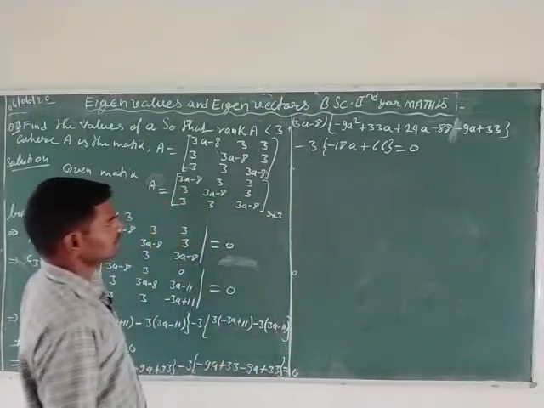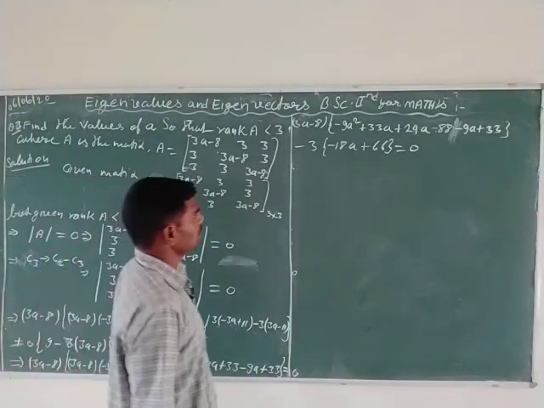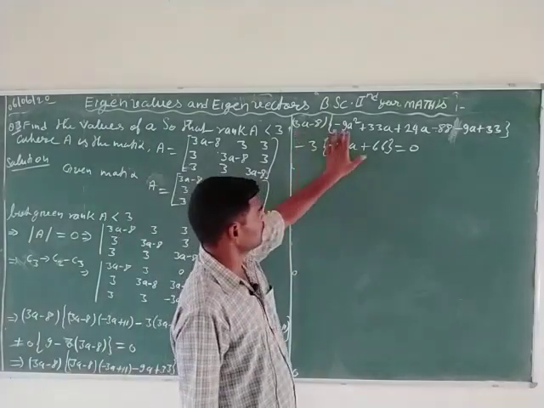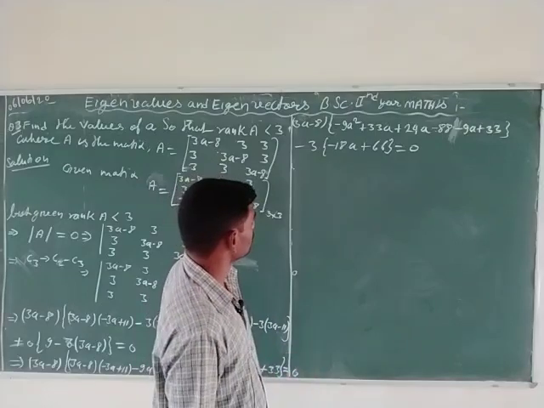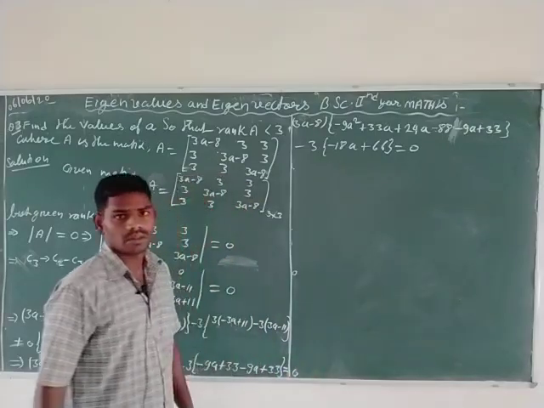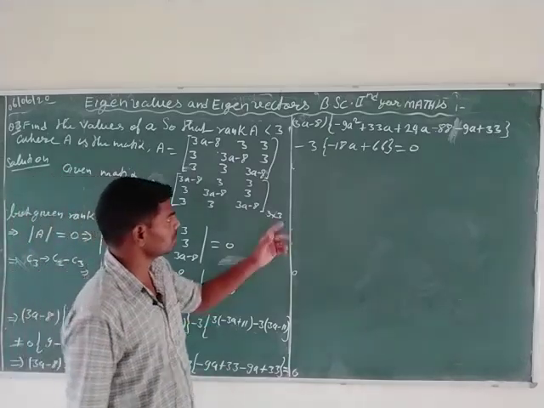After simplification of this equation, you can calculate the value of small a, which is in the cube form. So there will be 3 values of a because it is a cubic root.